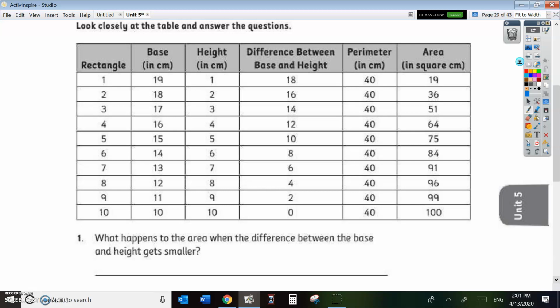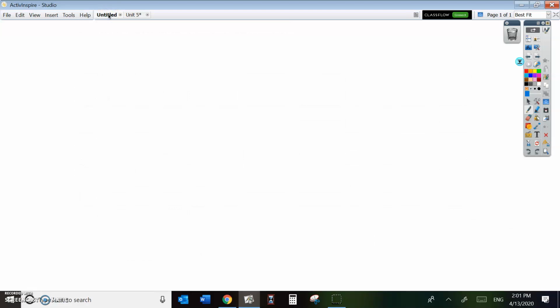So there's 10 different rectangles, and they're starting with a rectangle with a base of 19 and a height of 1. So the first rectangle looks something like this.